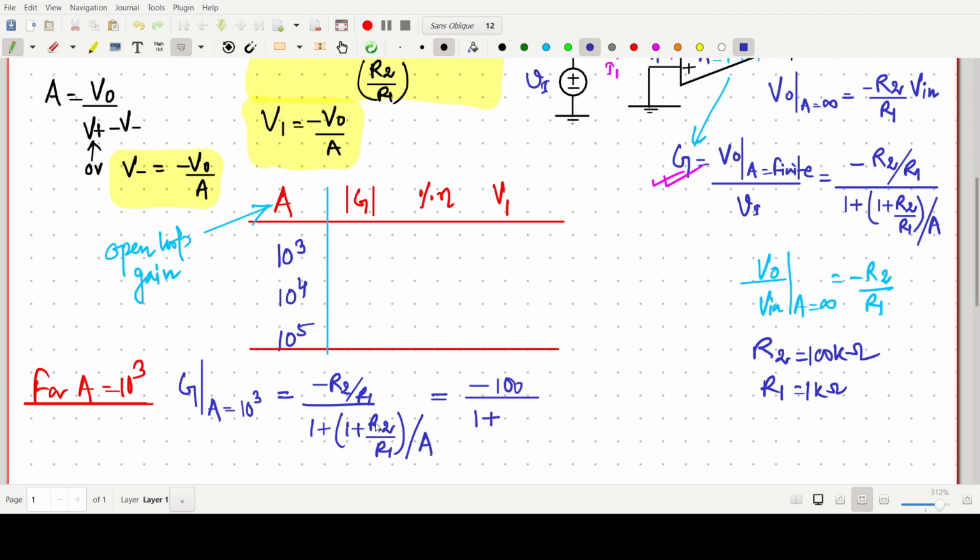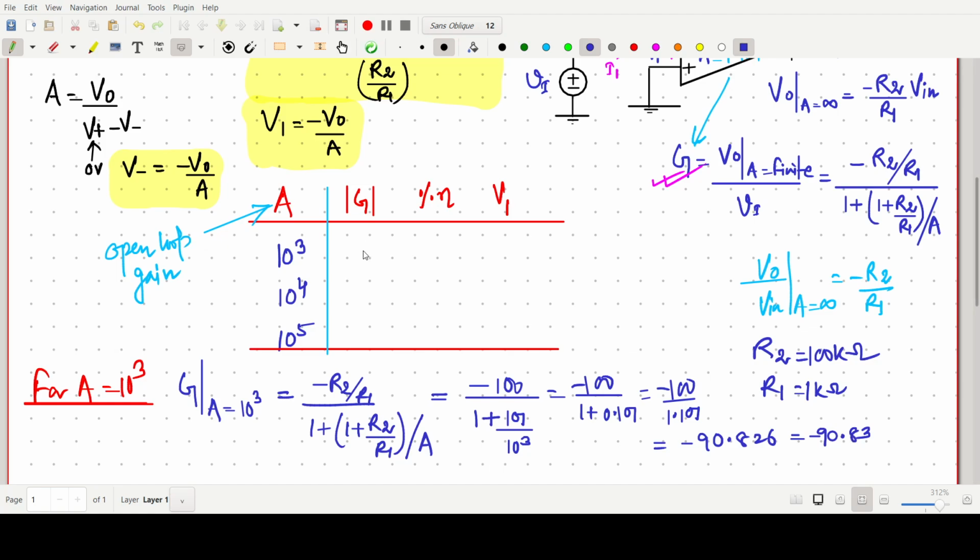Then 1 plus R2 by R1 is 101, and 101 by A, with A being 10 to the power 3, is 0.101. So I am directly writing minus 100 divided by 1.101. If we solve this, it will come nearly minus 90.83.